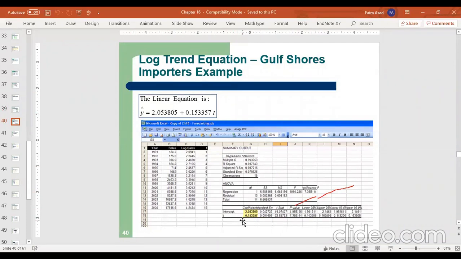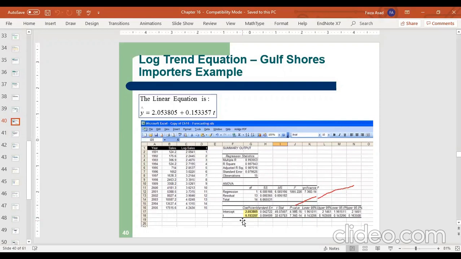So if we interpret this equation, in the log trend equation we are interpreting each unit as a percentage change. If I interpret B, 0.153357 is the percentage change in y hat for each unit increase in T. So this is the interpretation for this particular equation.